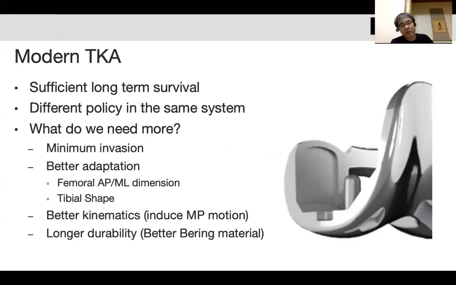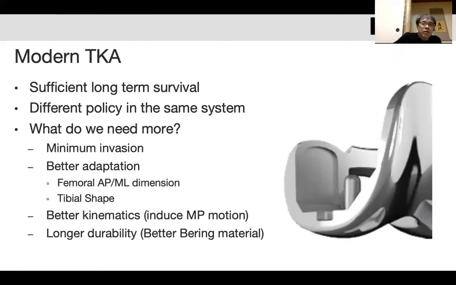Of course, the prosthesis helps reduce this anterior instability through the design of the bearing and the femoral component, but it is not perfect.